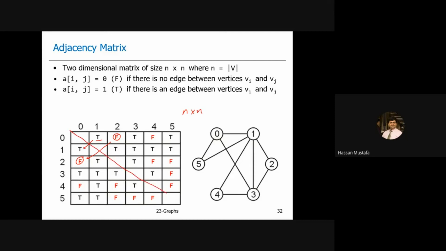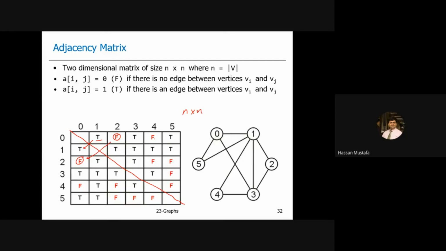So this specific matrix is a symmetric matrix. If I divide this diagonally, I have this repetition of the matrix, in the upper portion as well as in the bottom left portion. So an adjacency matrix for an undirected graph is symmetric, where I have this value true, or I can store a boolean value 1 on the indices where I want to represent an edge, and I store a 0 or the value false where I do not have an edge.